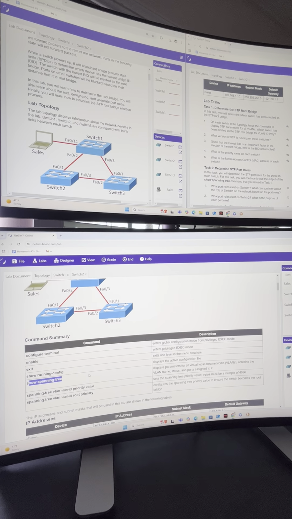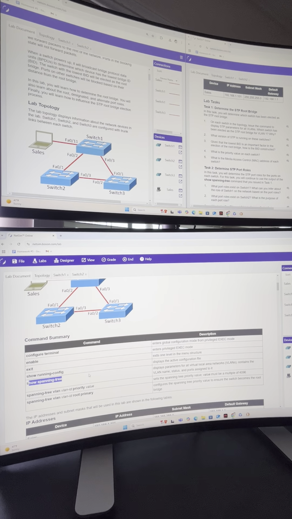We have spanning-tree vlan ID priority value. This sets the spanning tree priority value. Value must be in multiples of 4096. And then we have spanning-tree vlan ID root primary. And this configures the spanning tree priority value to ensure the switch becomes the root bridge.